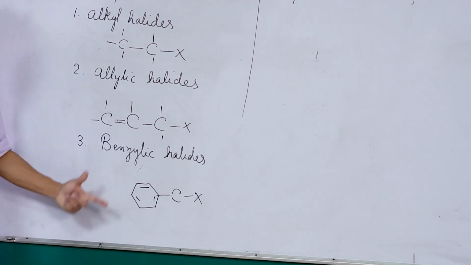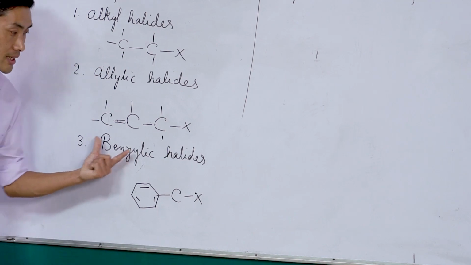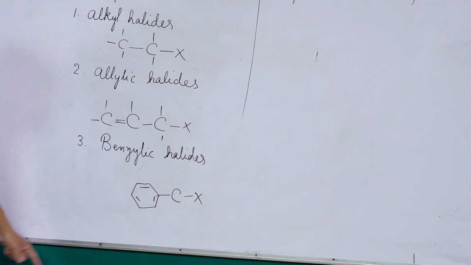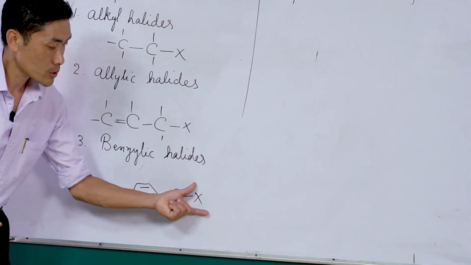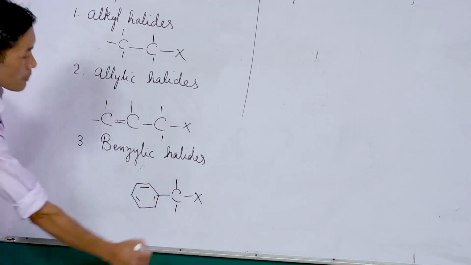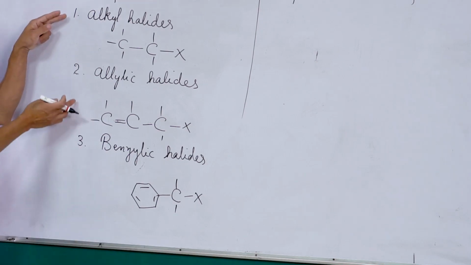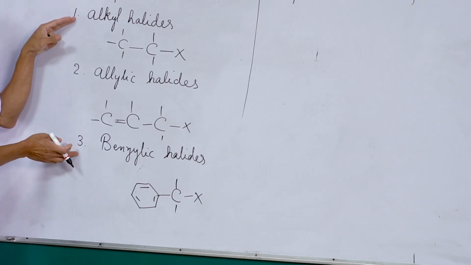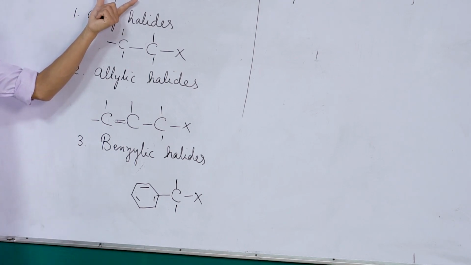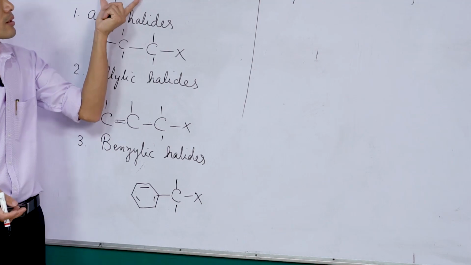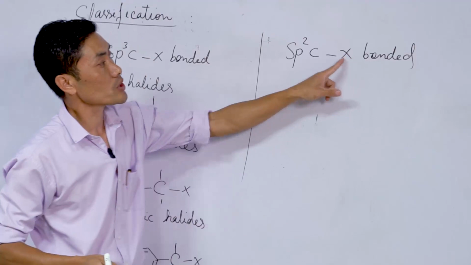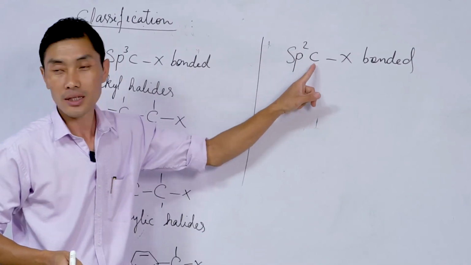As the name suggests, usually this aromatic ring will be the benzene ring, to which the carbon bearing the halogen atom is bonded. So these are the three different types of halo compounds that come under the sp3 C-X bonded compounds.